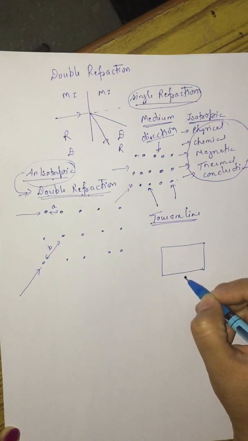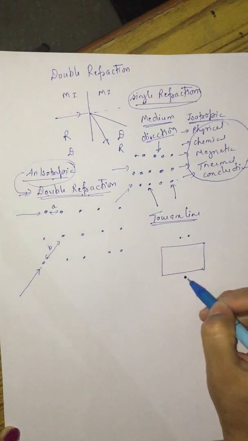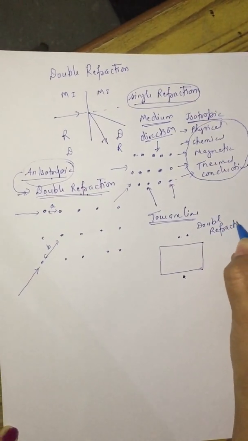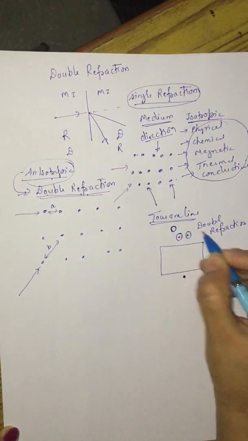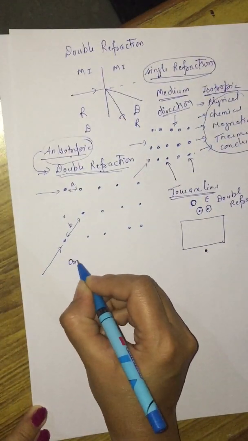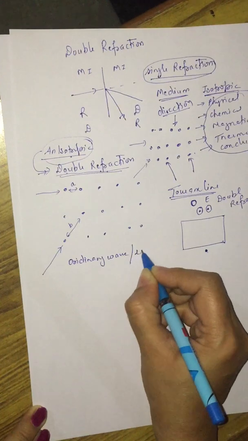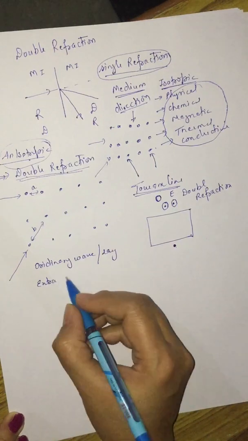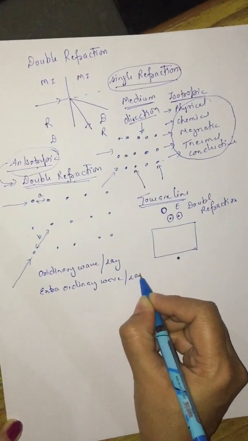We find that we obtain two images of this single point, and this is the double refraction phenomenon. One image is known as the ordinary image and the other is known as the extraordinary image. The ordinary image is formed by ordinary waves or ordinary rays, and the extraordinary image is obtained from extraordinary waves or extraordinary rays.